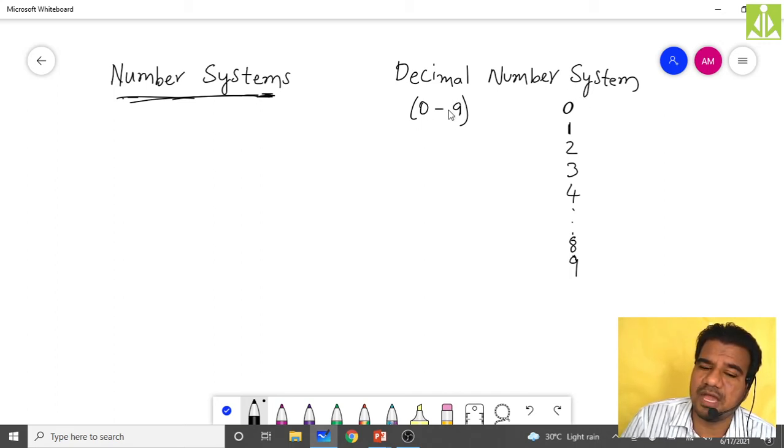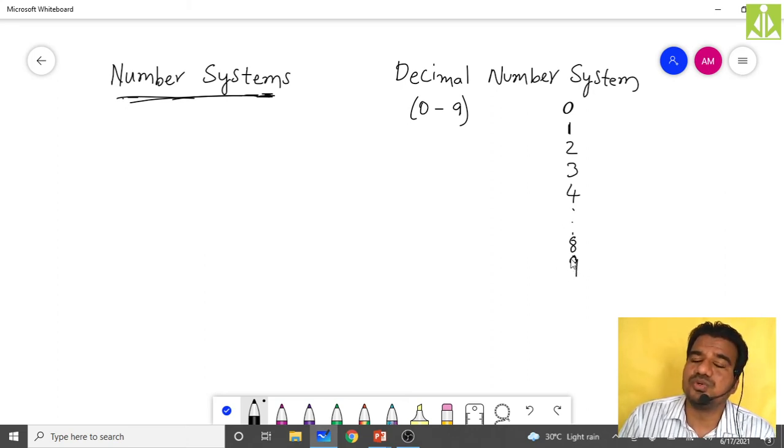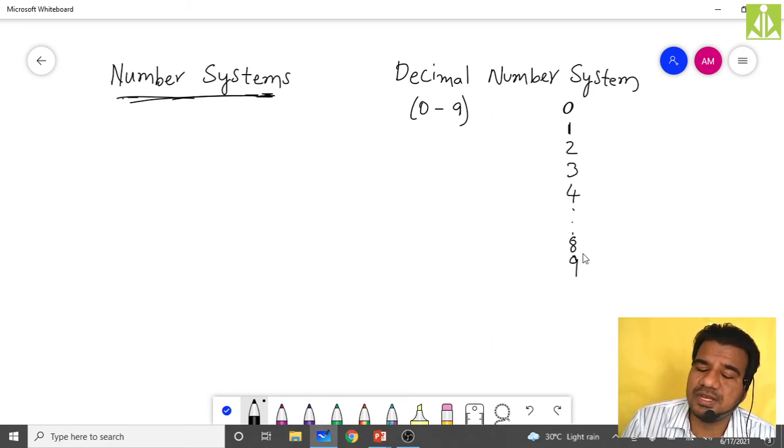Only 0 to 9, and using these only we have to show all the counting, 0 to infinity. So after counting 9, to show the 10 count, we don't have any single digit. So what we are doing is going for combinations of whatever digits we have in our hand.